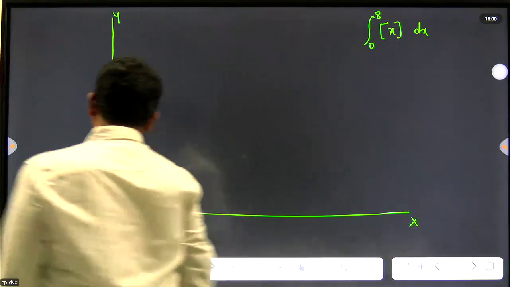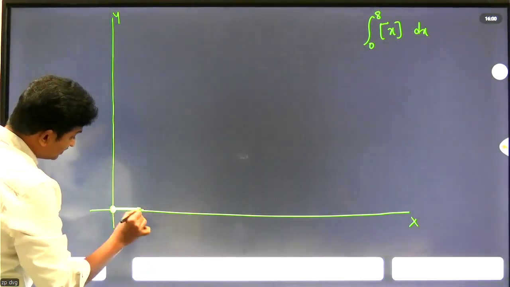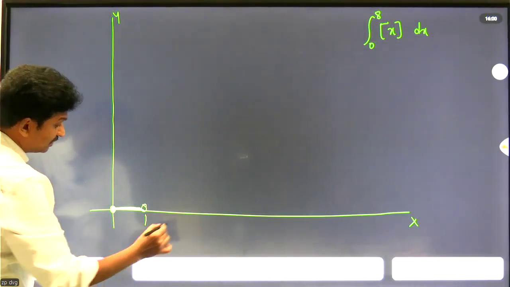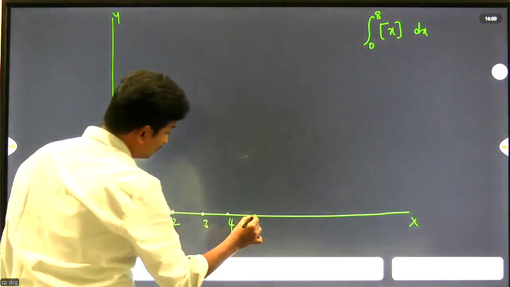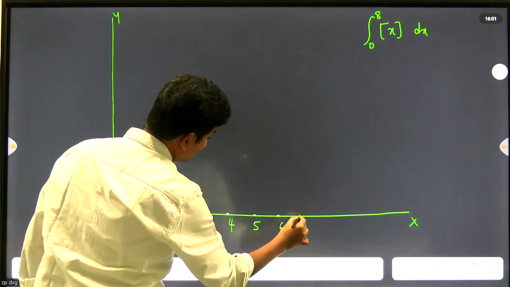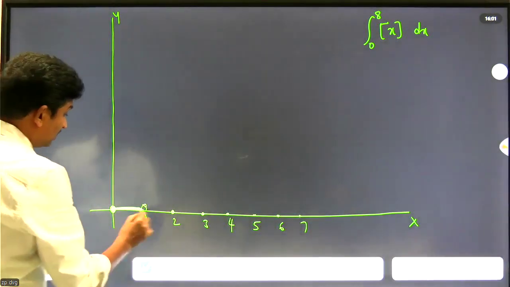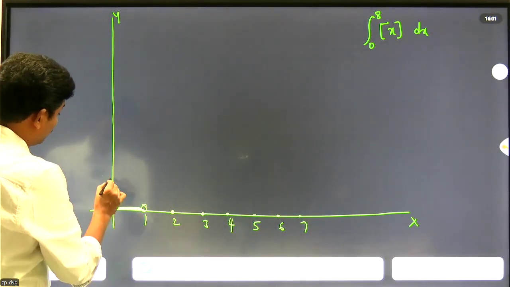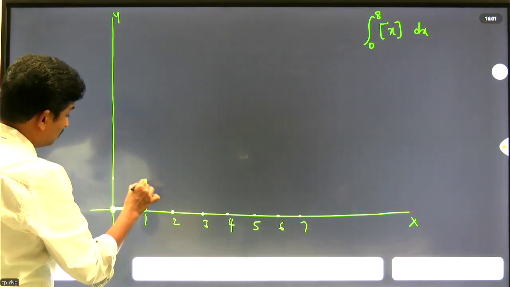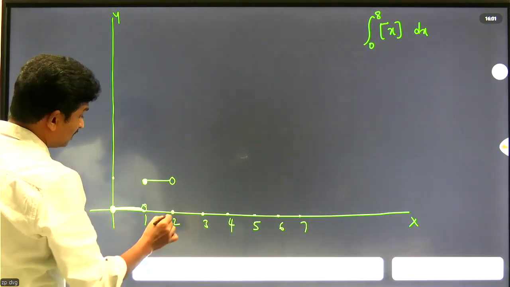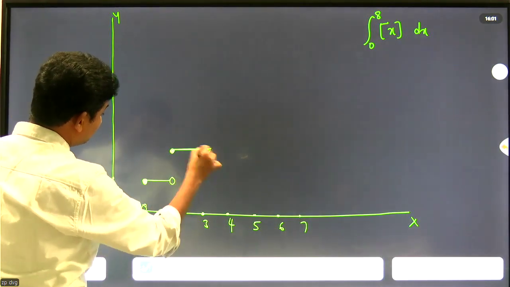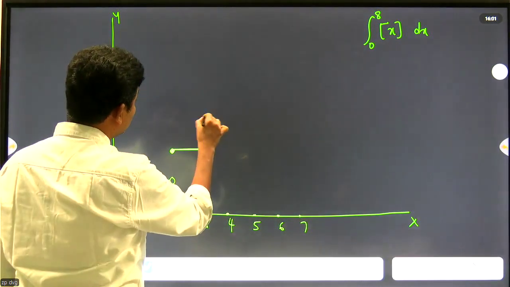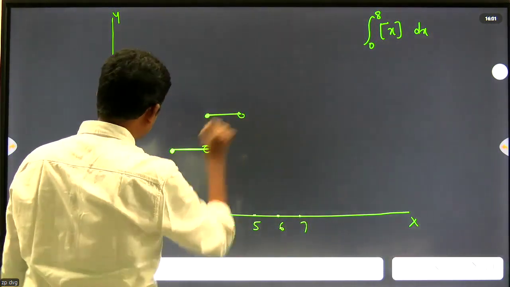From 0 to 1, the graph of step x will be like this. In between 1 and 2, the graph will look like this. In between 2 and 3, like this. In between 3 and 4, it will continue like this.